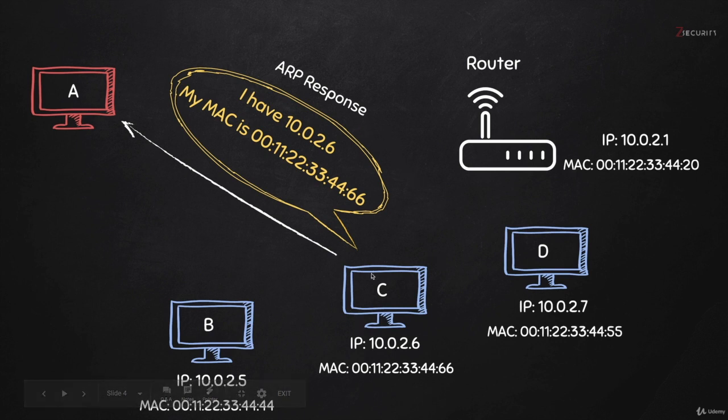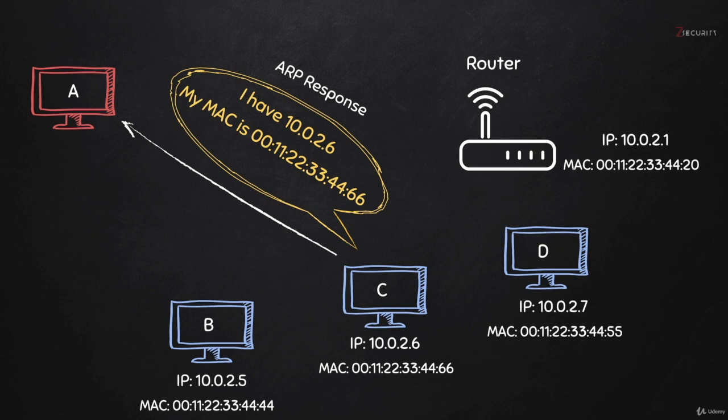In this response, device C is going to say, I have 10.0.2.6, my MAC address is this MAC address. This way, device A will have the MAC address of device C, and now it will be able to communicate with device C and do whatever task that it wanted to do initially.